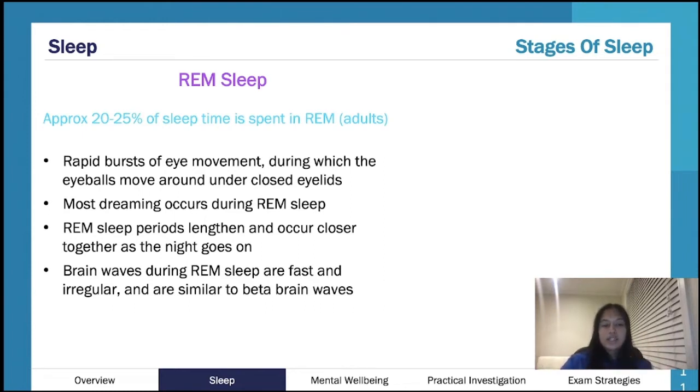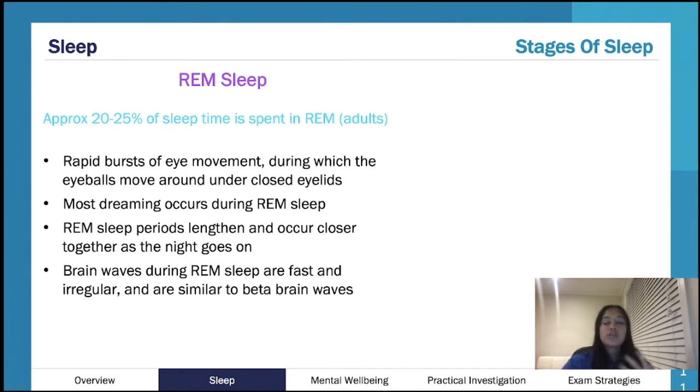The last one is here just as a bit of an FYI. When we get to NREM again, we'll talk about brainwaves. Brainwaves are what would be picked up on an EEG, so we talked about detecting electrical activity of the brain. It's not required for you to know the exact brainwave types, so I wouldn't flag these or make sure you note them down.